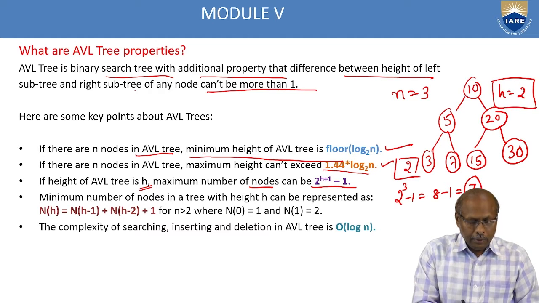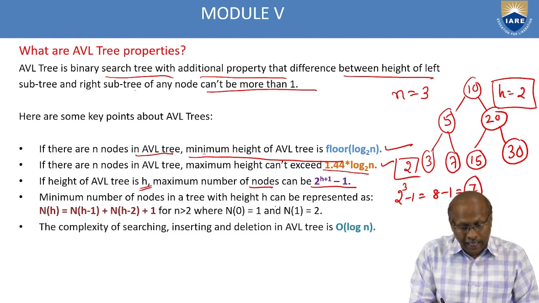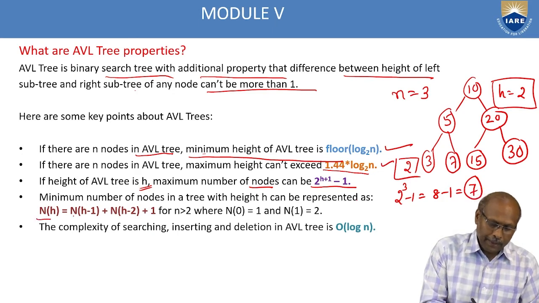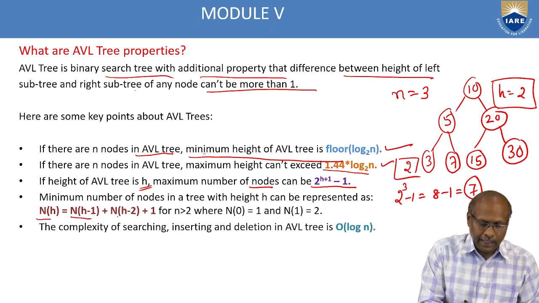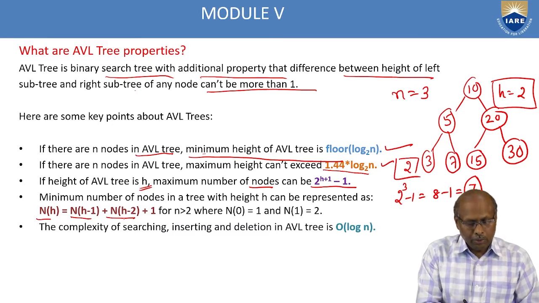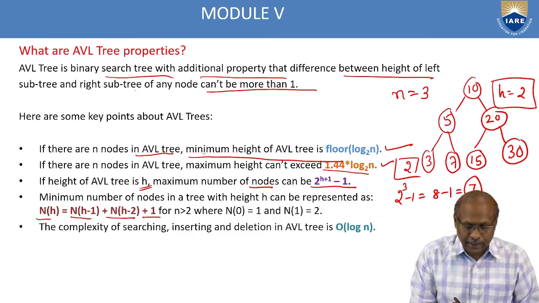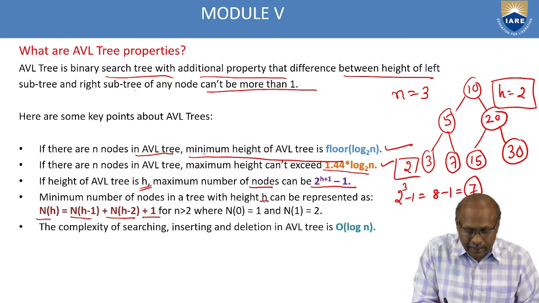Next, what is the minimum number of nodes in a tree with height h? It can be represented as N of h equal to N of h minus 1 plus N of h minus 2 plus 1. Using this formula, you can find the minimum number of nodes in a tree where height is h.